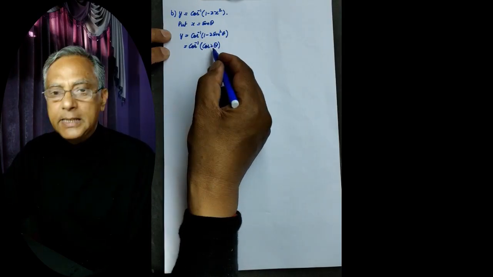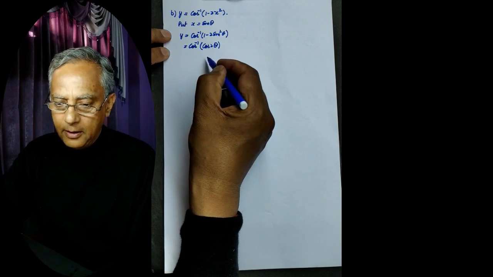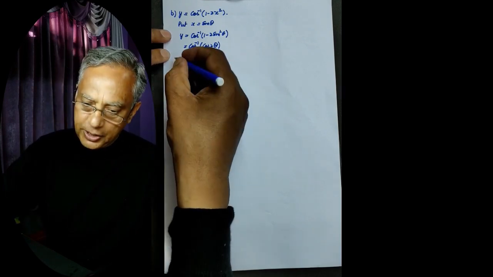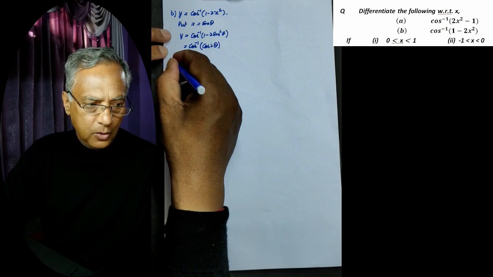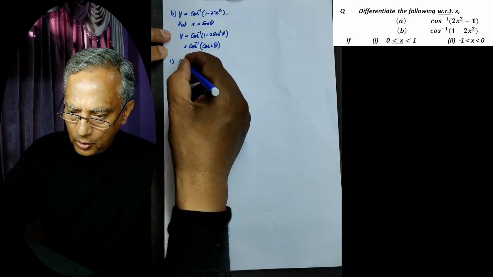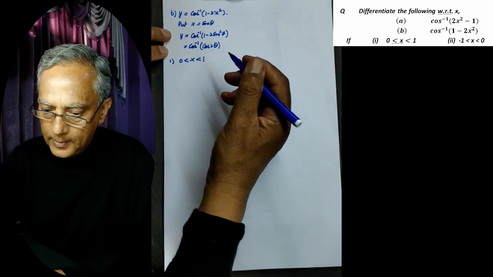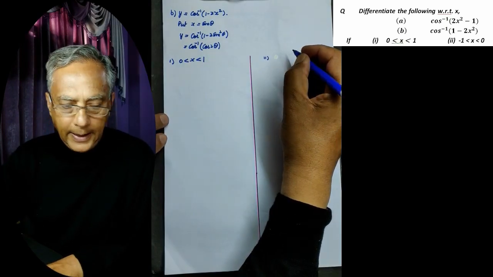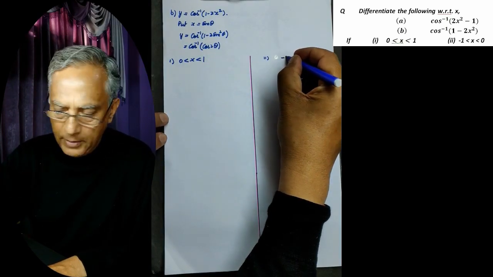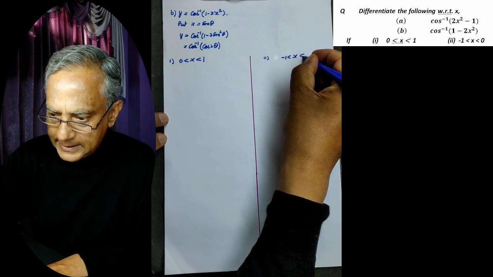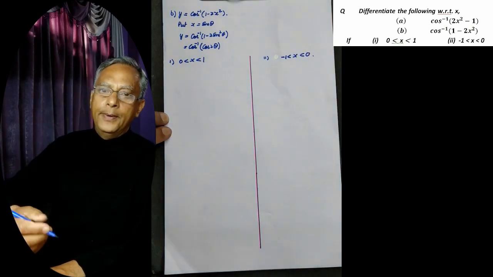Now we cannot write this directly as 2 theta because there are restrictions on x. First is 0 is less than x is less than 1, and in the second case, we are given minus 1 is less than x is less than 0.